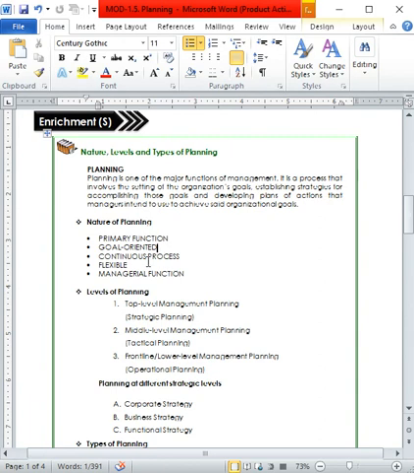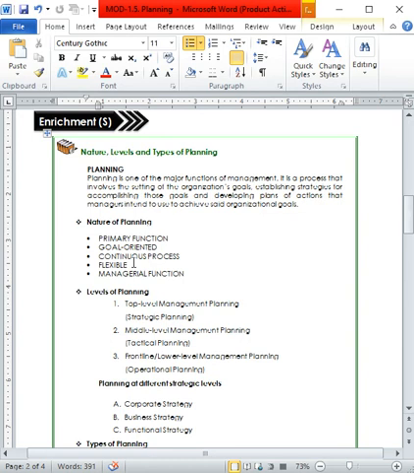The next one is continuous process. It is an ongoing process of adapting the organization to the changes in business. Next one is flexible. Flexible means choosing the best alternatives based on a certain assumption.